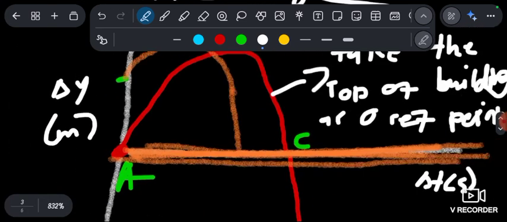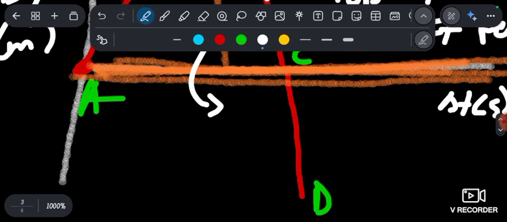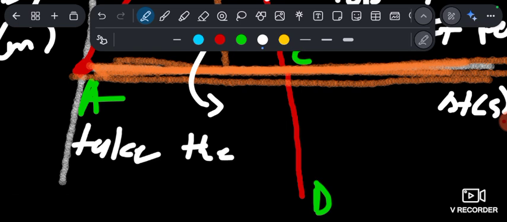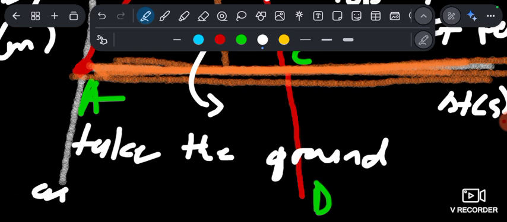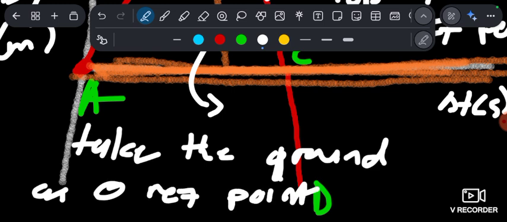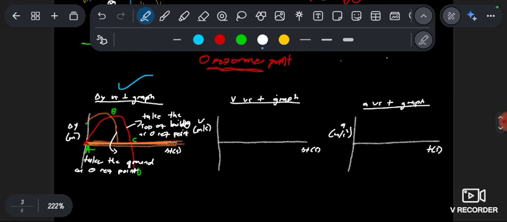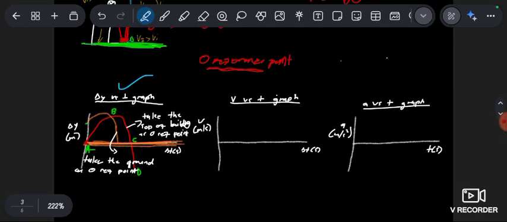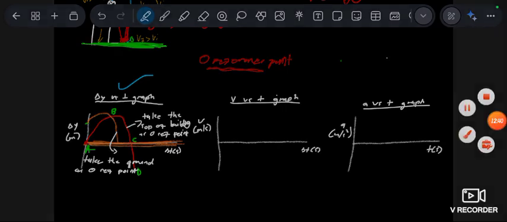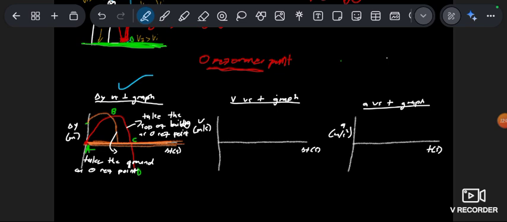Now here, this orange one is where you take the ground as 0 reference point. I know you will be able to digest that when we do past papers, but of course the video is going to be there. So it's there for you to do what? To rewatch, keep watching until you master the content.